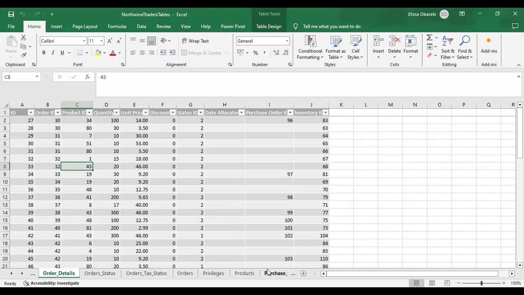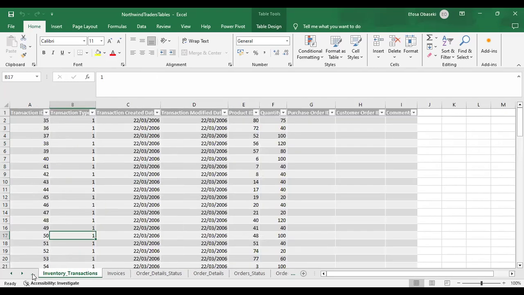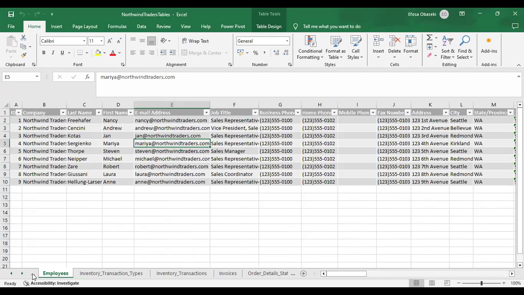All right. So what this means is that a relationship can be established between this table, the other details table, and products. Is that correct? That's correct, because they have something in common: the product ID.